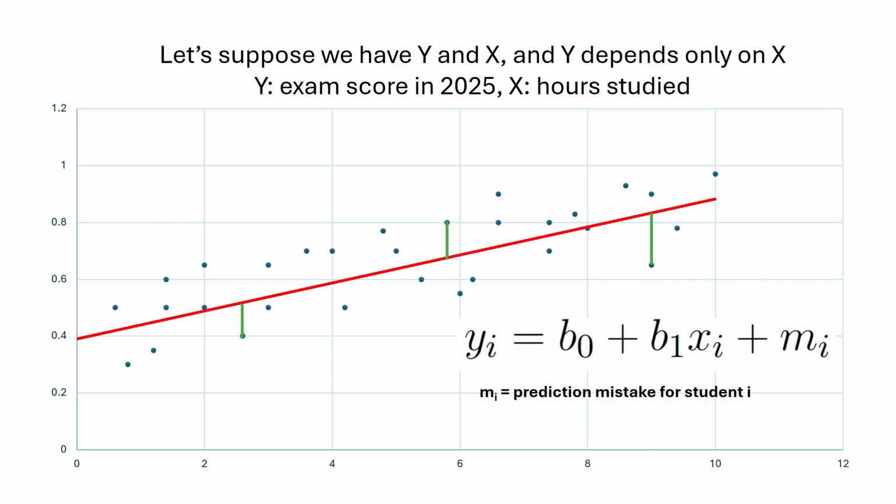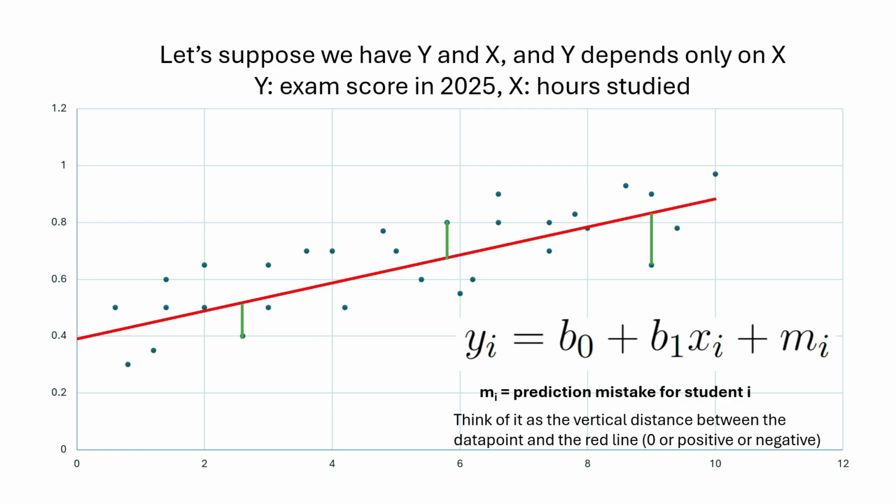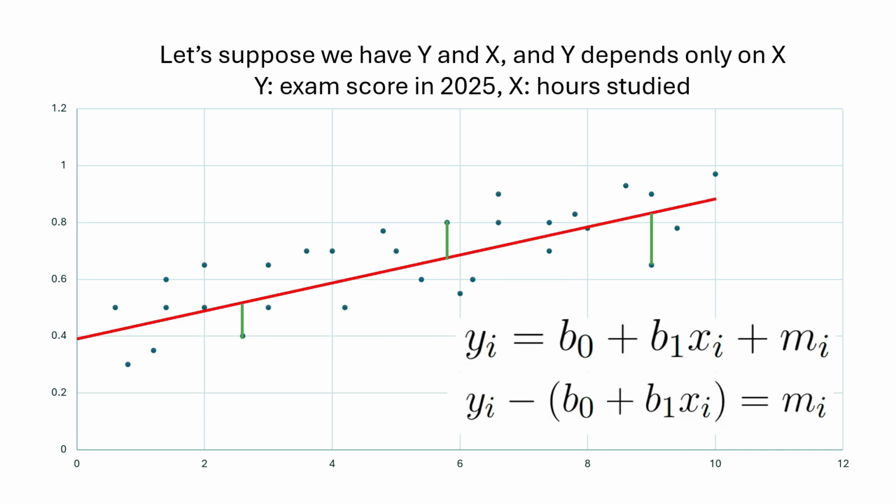And finally, we have the last term Mi, and I'm going to call it the prediction mistake for student i. So for student i, you can think of Mi as the vertical distance between the data point and the red line. Mi can be 0 or positive or negative because Mi equals Yi minus a point on the red line for student i.